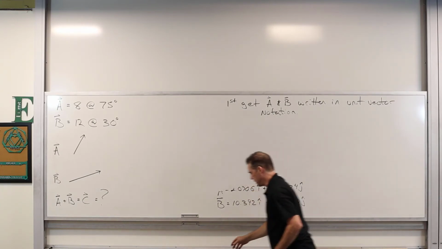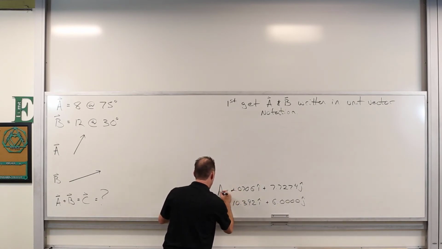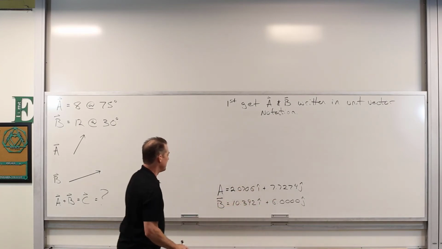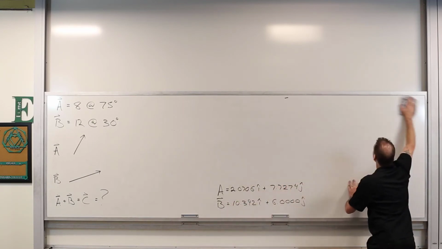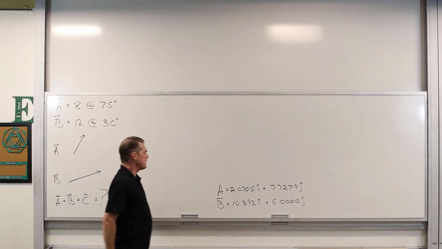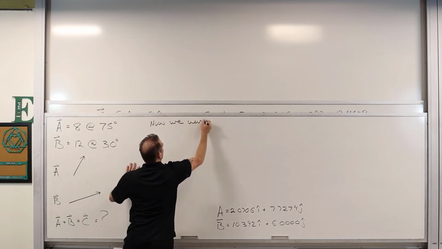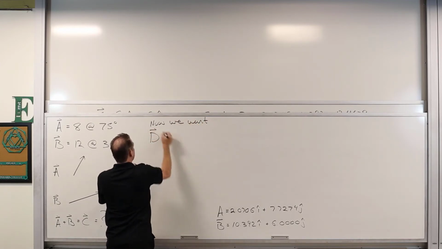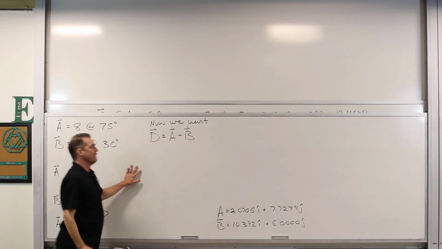I'm going to keep this. I still have them in unit vector notation. That is going to be helpful. So now we want d hat, which is a hat minus b hat.